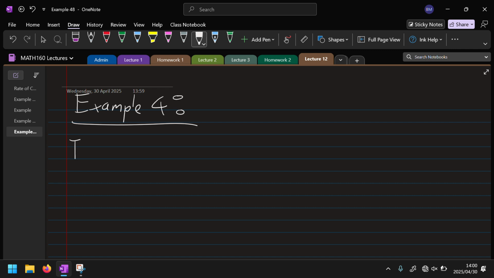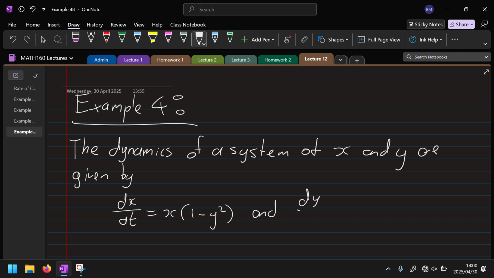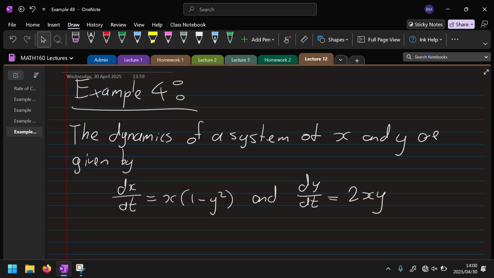The dynamics of a system of x and y are given by dx by dt is equal to x(1 minus y squared), and dy by dt is given by 2xy.